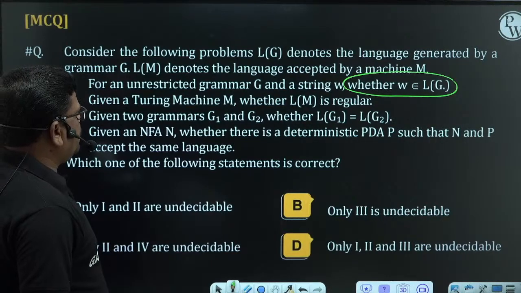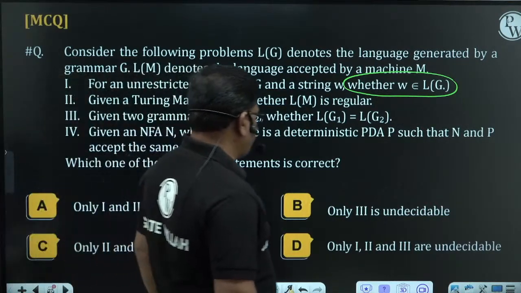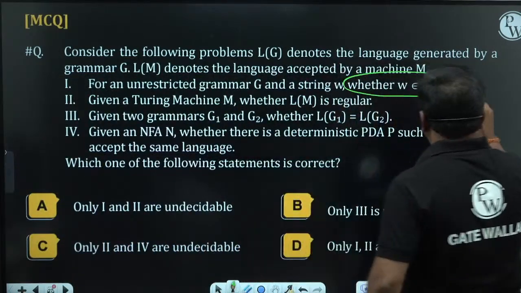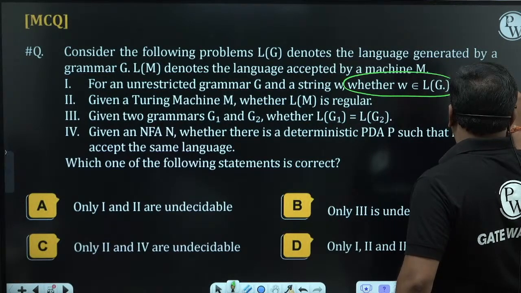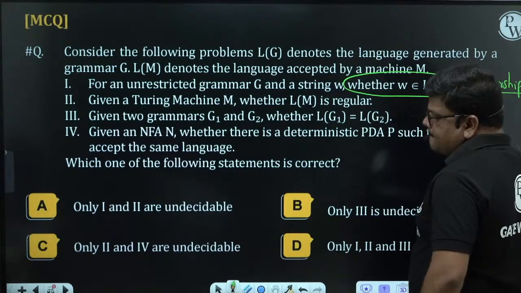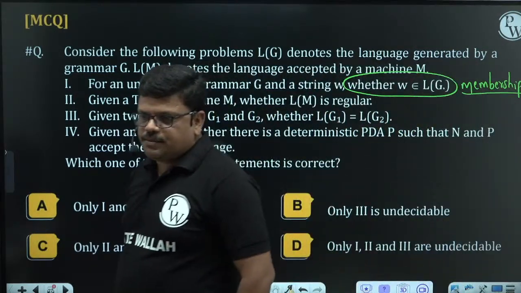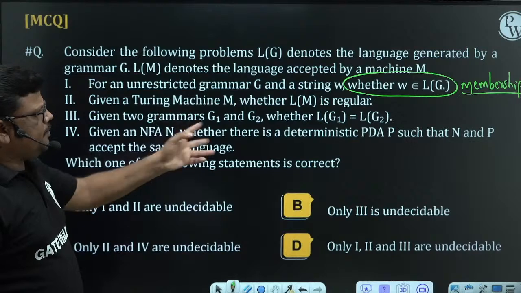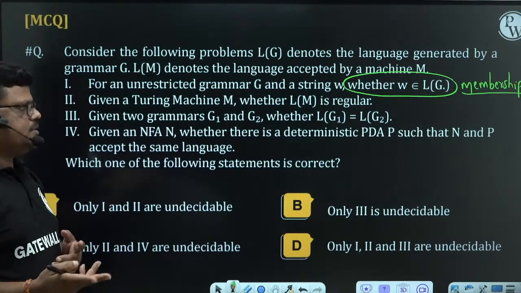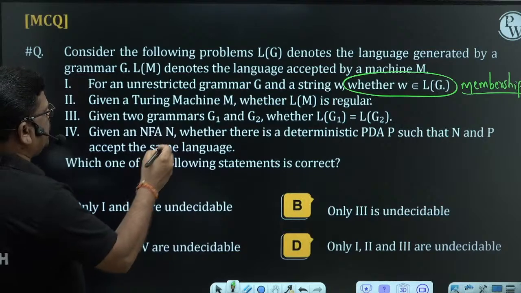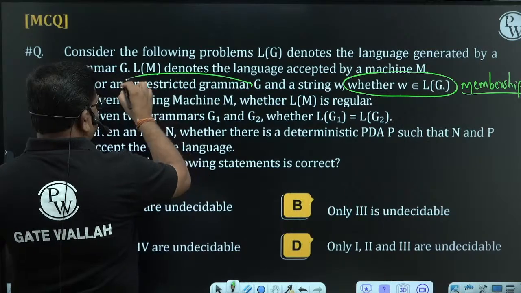Whether W belongs to L of G is the membership problem. This is called the membership problem. String belongs to the language or not, means string belongs to the grammar or not, string belongs to the machine or not. Membership of unrestricted means type 0.